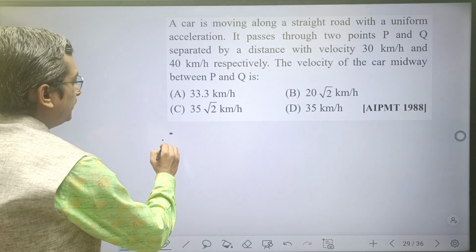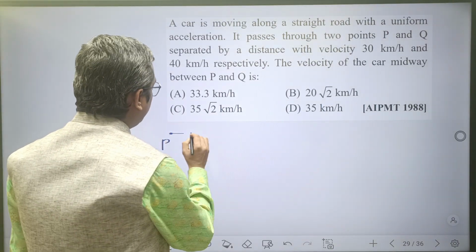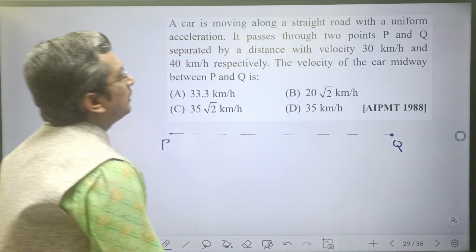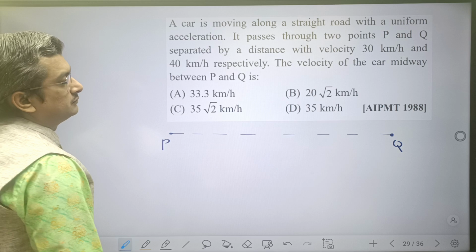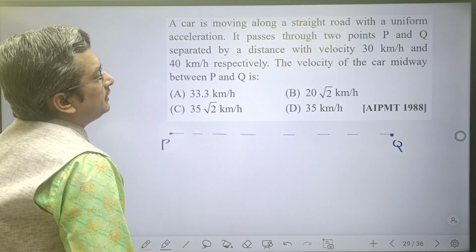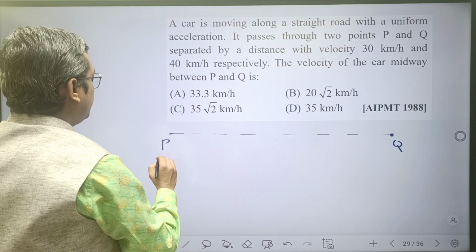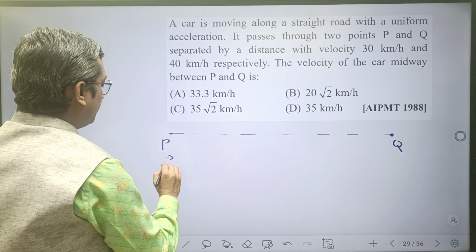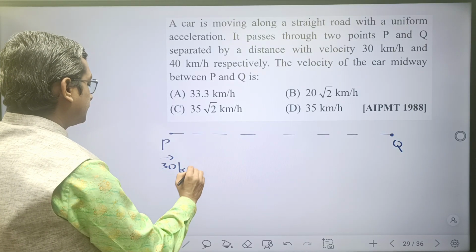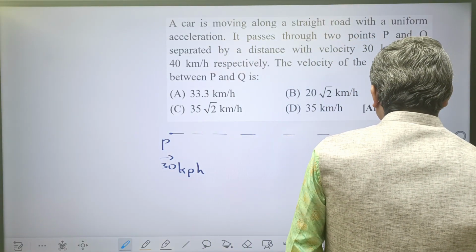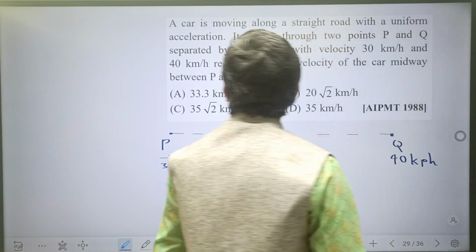So let us suppose here it is point P and here it is point Q. The velocity at point P is 30 km per hour, and at point Q the velocity is 40 km per hour.